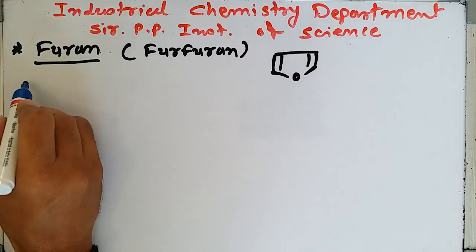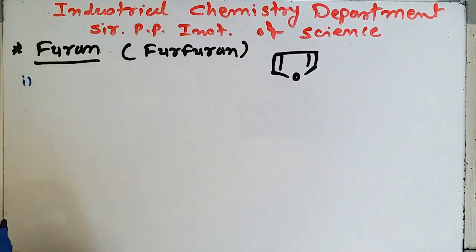Now we see the preparation of furan. First of all, we start with the first preparation. Furan may be prepared from mucic acid. We discussed mucic acid structure in the above lecture, in the synthesis of pyrrole, so we well know about mucic acid.